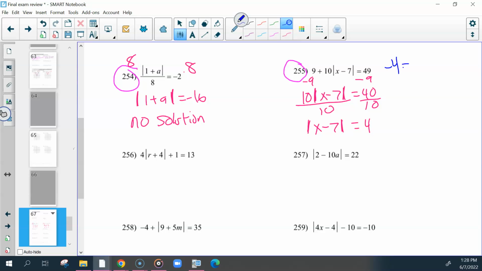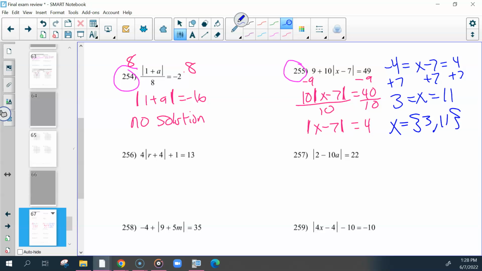So negative 4 equals x minus 7, which equals 4. Add 7 to all sides. So 3 equals x, which equals 11. And those would be our solutions, 3 and 11. Do we have any questions on that?